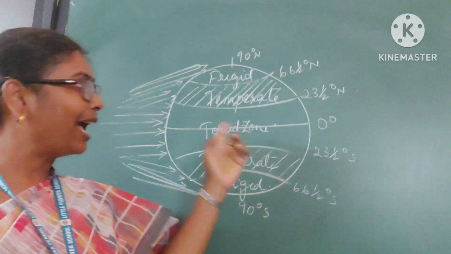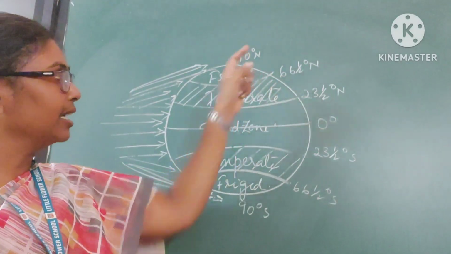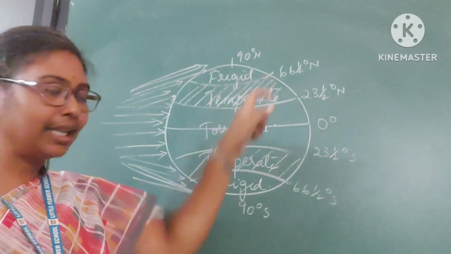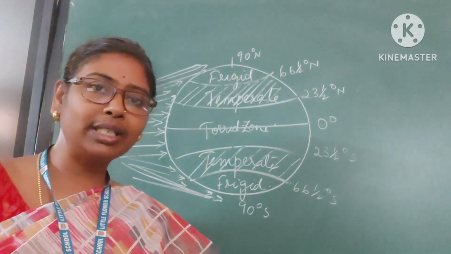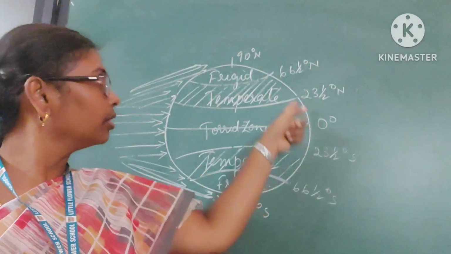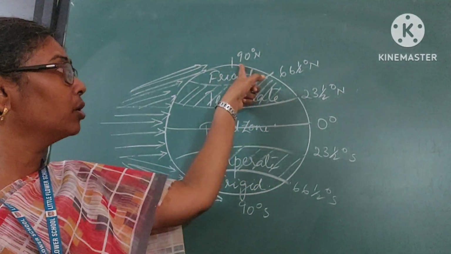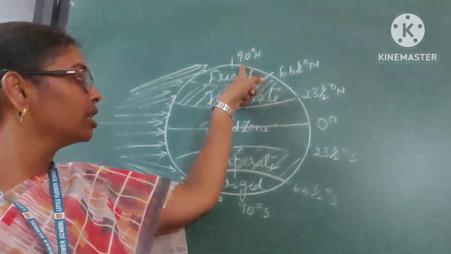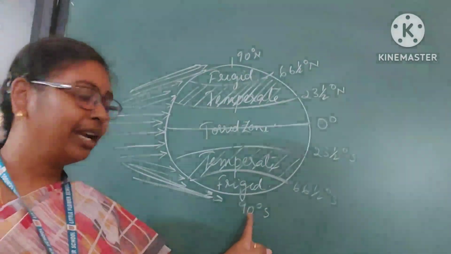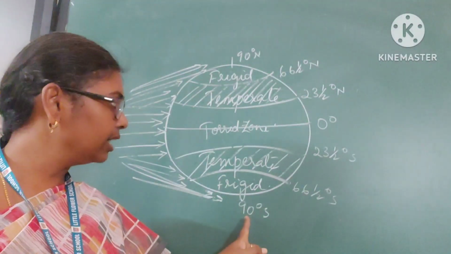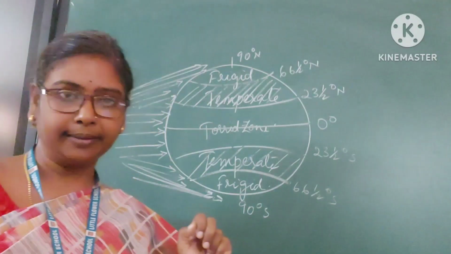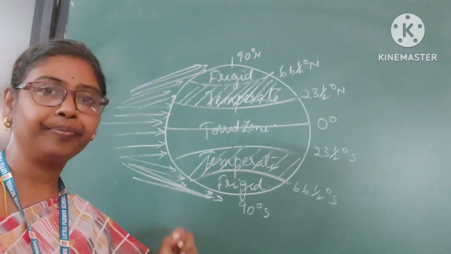If latitude is increasing, temperature keeps on decreasing. Latitude is increasing towards 90 degrees north, and also towards 90 degrees south. So basically temperature will be decreasing, right?